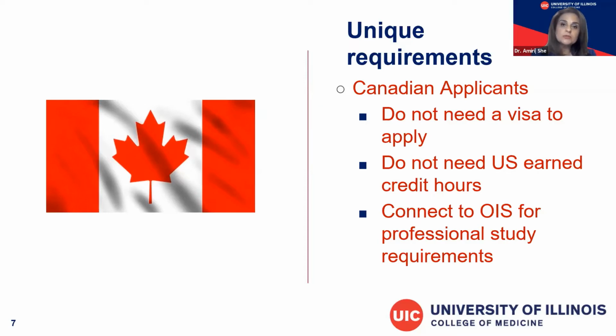So a Canadian transcript will be received by AMCAS and therefore by us as a US granted transcript. And so you don't have to worry about earning 32 credit hours here in the US, okay?